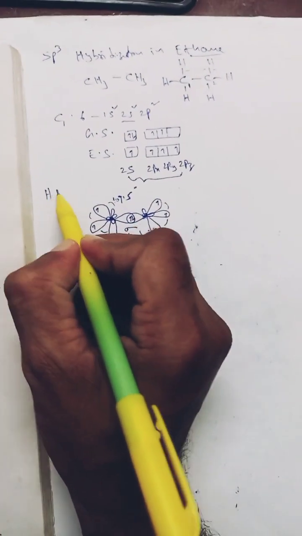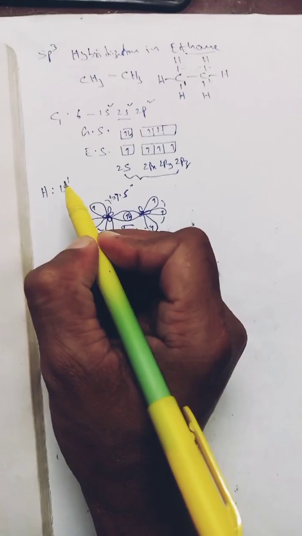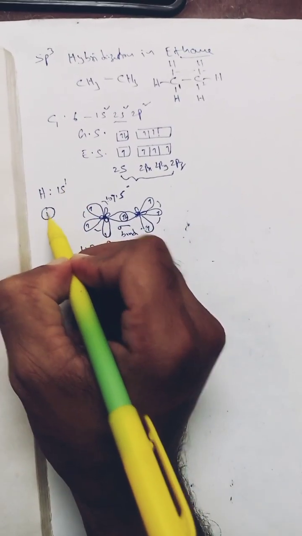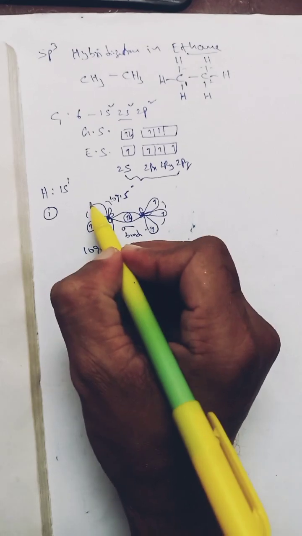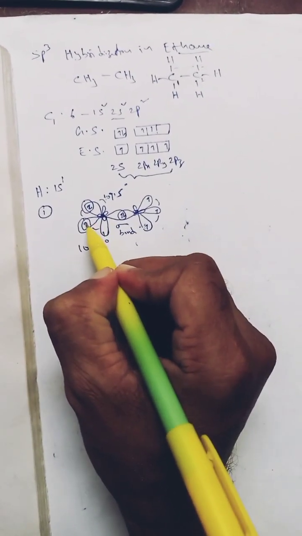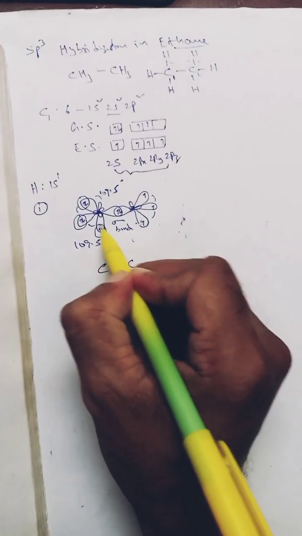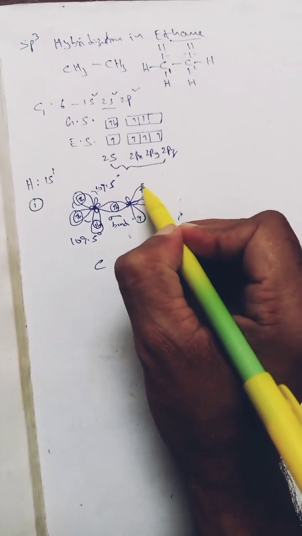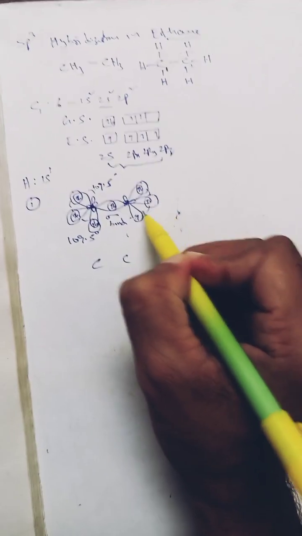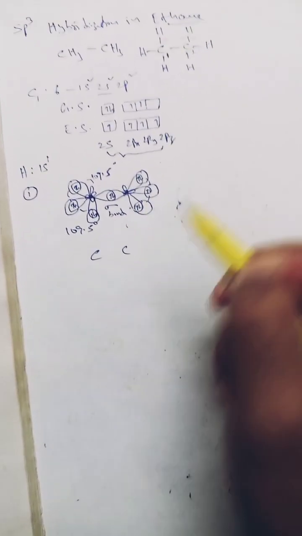Hydrogen is 1s1, and s means spherical shape, so in this spherical shape 1 electron is available. That one electron will form a bond like this. This is hydrogen, forming a bond like this. On this carbon also, the same: 3 hydrogens form 3 bonds like this.